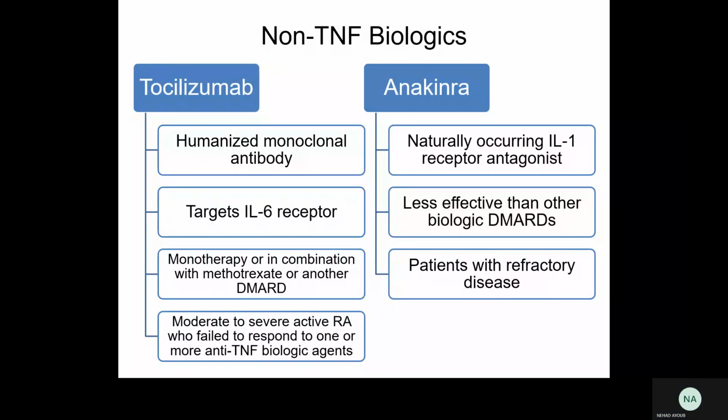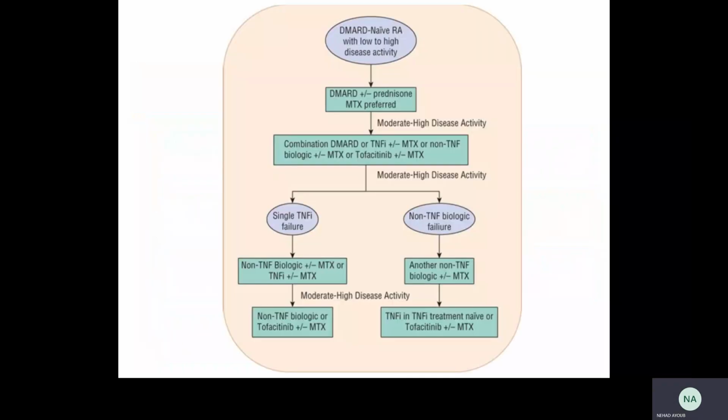Okay, now let's talk about the algorithm, how to treat. The approach to management, whether in RA or any other case, is to handle it as a puzzle. So you need data, and you have to know after that where to guide your therapy.